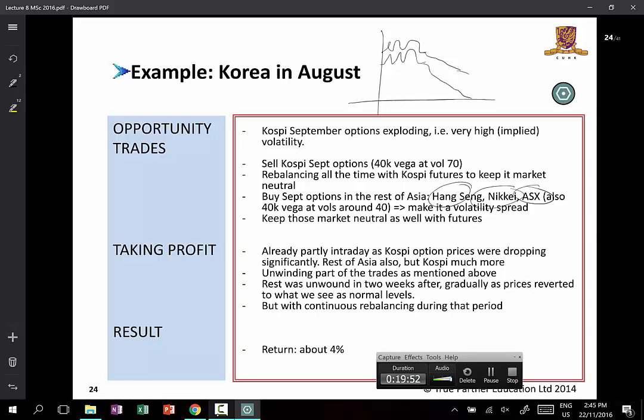Now, it is possible that the Japanese market will also fall, but maybe not by as much. So maybe in an extreme case, okay, in Japan it falls by 5%, which is already quite a lot, okay, and then in Korea it falls by, let's say, 12% or something like that.